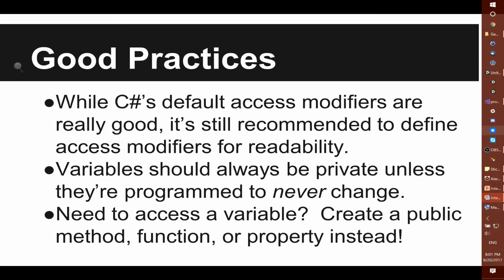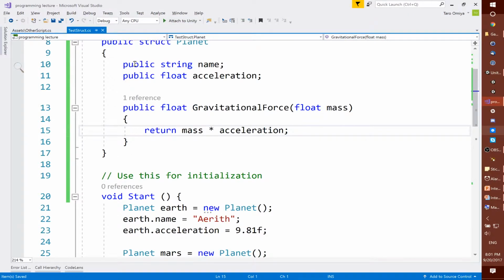Member variables, that's not just variables right here. Generally speaking, member variables should always be private unless they're programmed to never change. We will talk about one instance of how you can program a variable to never change. But generally speaking, if you have member variables here, of which we have two demonstrations, you should actually make these private.